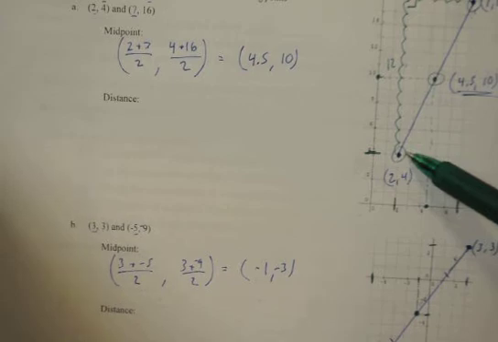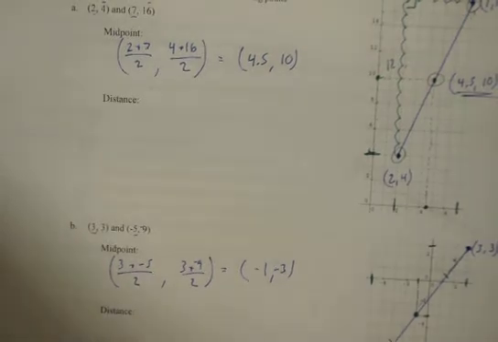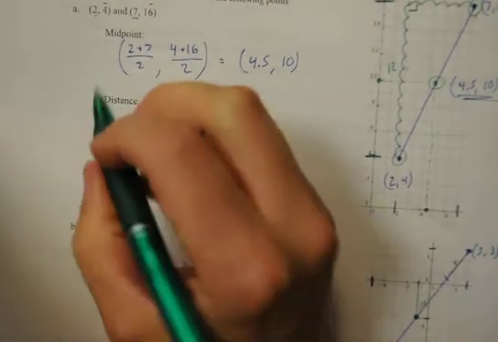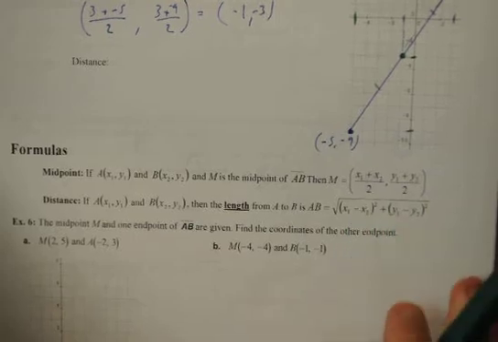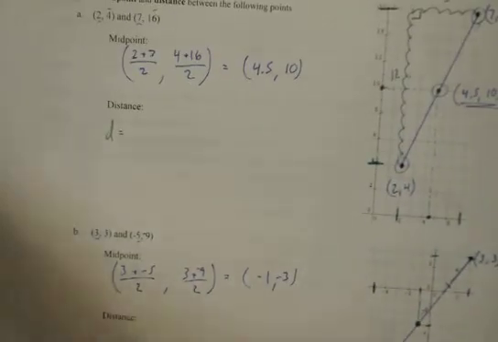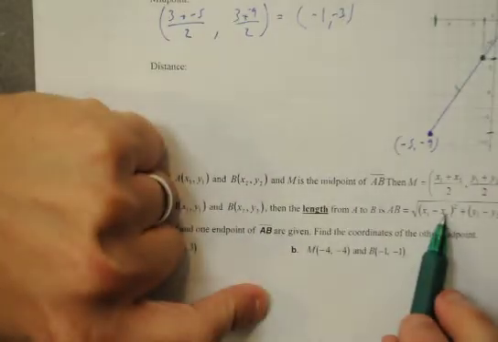It's not 12, it's not 5, it's actually larger because it's the hypotenuse of a right triangle. You probably recognize that language from algebra. So here's your distance, and we're just going to use the distance formula right here. And all you do is you do x minus x.